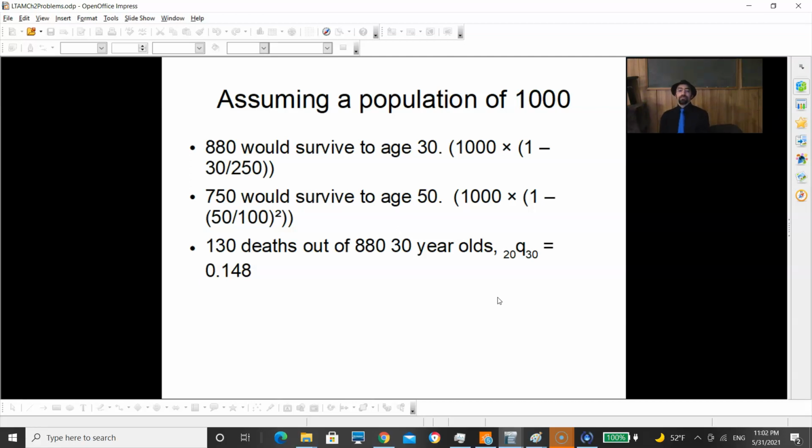That means that of the 880 who survived to age 30, 130 would die, which gets you a death probability of 14.8%, or a survival probability of 85.2%.